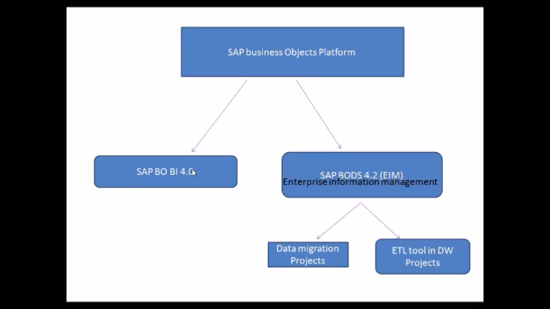Okay, right. So we have been talking about the Business Objects platform. This platform is divided into two parts currently: SAP BOBI, the SAP Business Objects Business Intelligence 4.0. I mention 4.0 because the BI integration has been tight from 4.0, but in the previous versions, 3.x, it is still called BOXI 3.x, even 3.1. And coming to SAP BODS, the latest version in the market is 4.2.